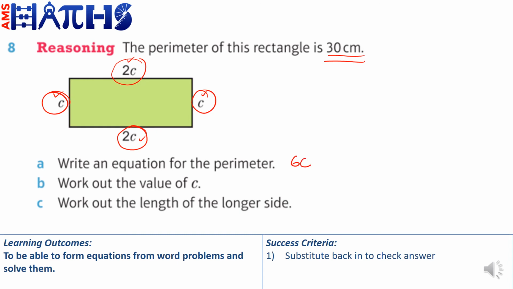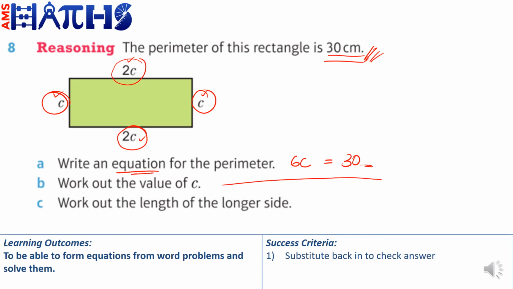But now we have the expression, it says the equation for the perimeter. So we know 6c is equal to the perimeter that they told us earlier, which is 30. So that's our equation. For part B, it says we should work out the value of c. So we have the equation in A, so all we need to do is solve for c.